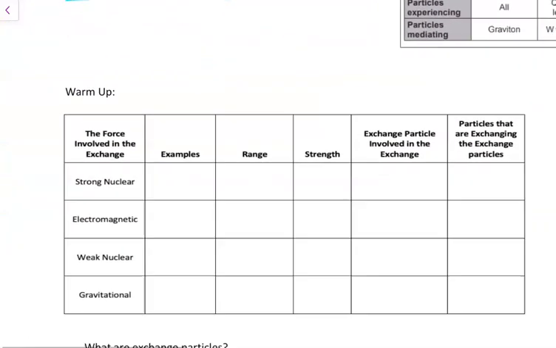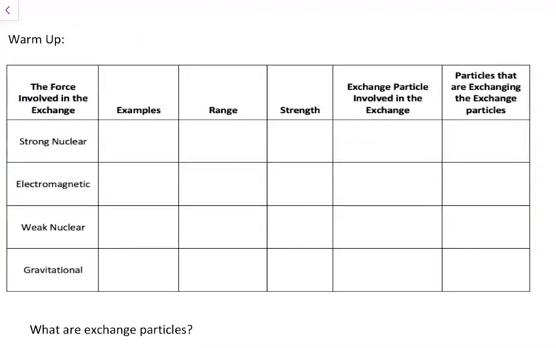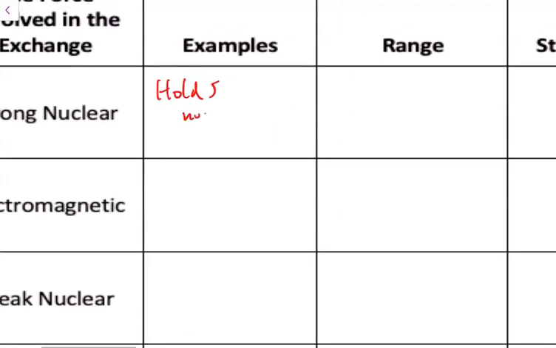So let's do a warm-up, and talk about the four forces. We have strong nuclear, electromagnetic, weak nuclear, and gravitational. The examples: when we talk about strong nuclear, we're looking inside the nucleus, so this holds the nucleus together. The electromagnetic is the force between electrons and protons.